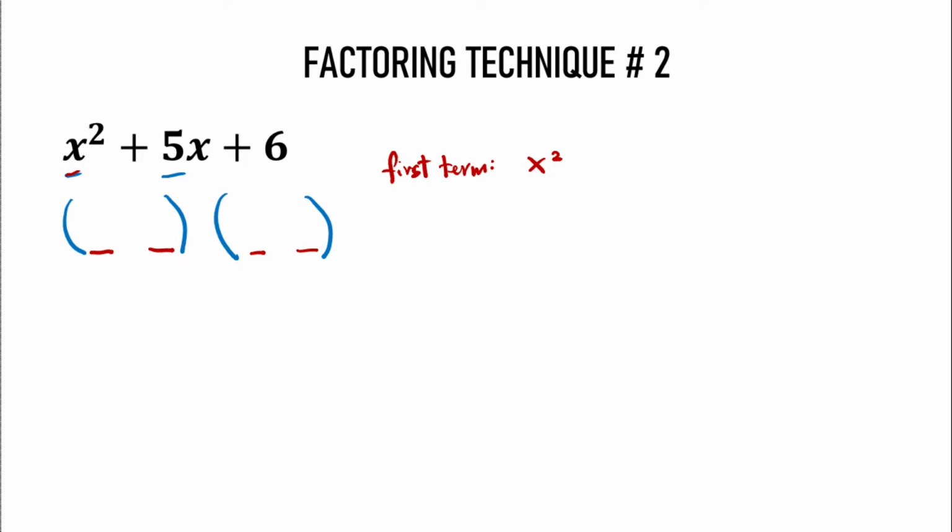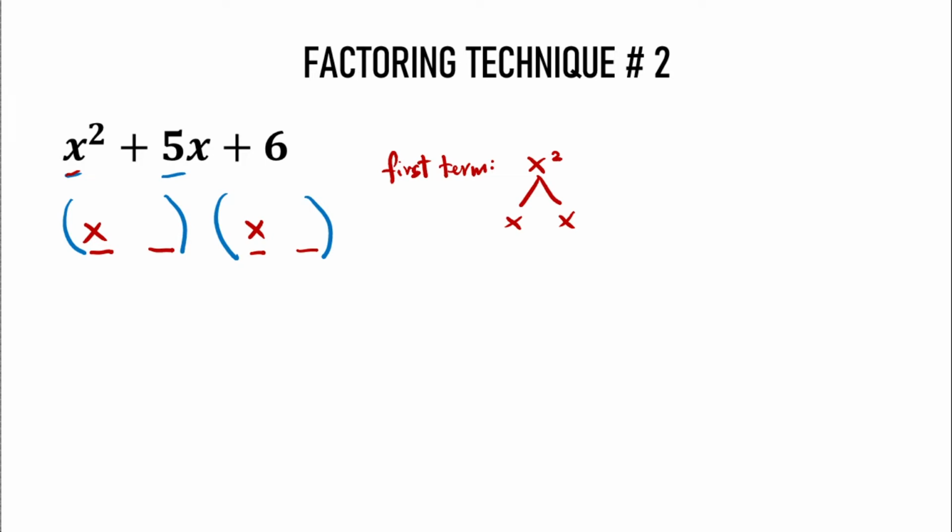So what are the factors of x squared? Madali lang. Ang factors ng x squared ay x and x. We are going to write the factors of x squared, x and x, in the first terms of each parenthesis. Here and here.